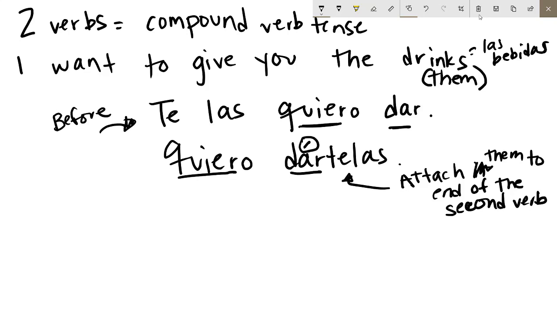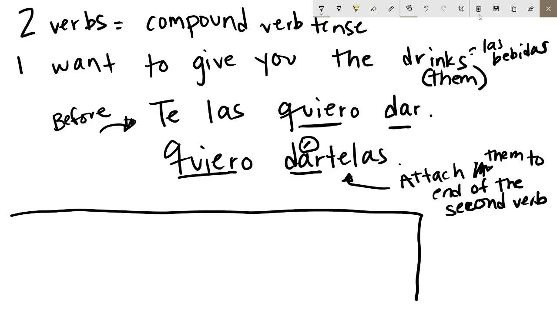Now notice how I put this accent there. That's because I want to keep the original stress of the word. To do this, I put the accent mark. Because accent marks in Spanish, it's not like in French where the accent mark can tell you how to pronounce certain vowels. It tells you where you put the weight in the word. Okay? So, again, a little pithy saying to remember this.